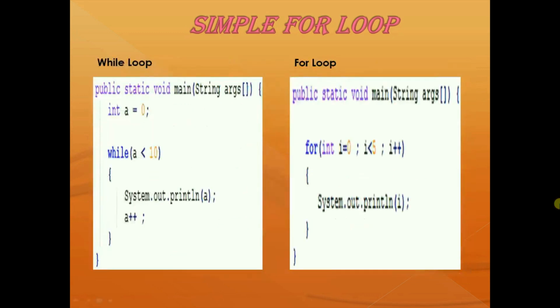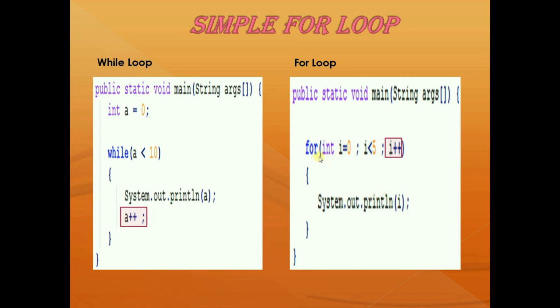If we compare for loop with while loop, we have three things. First one is initialization, which you did outside whenever you were using while loop, and then your expression which will give you true or false, which comes in between, and then increment which you were doing inside your while loop, means after the statement execution.